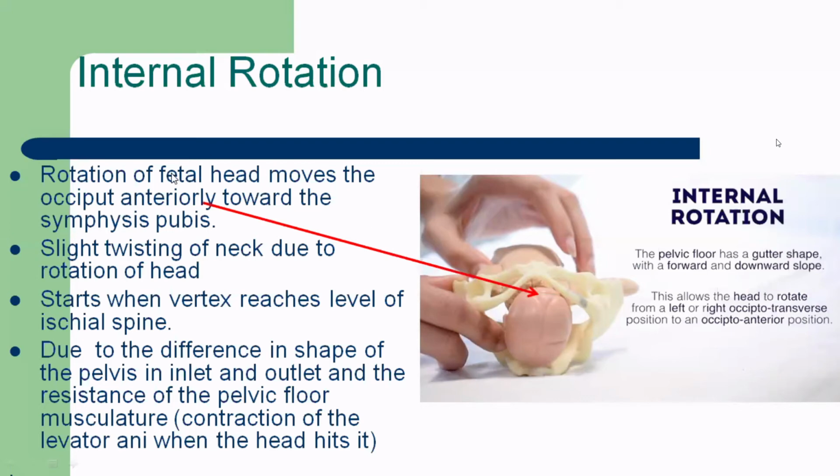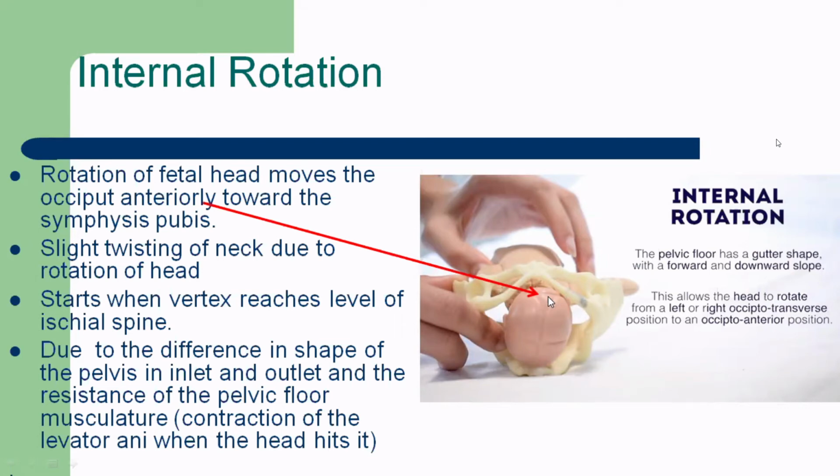What happens in internal rotation is that rotation of the fetal head moves the occiput anteriorly towards the symphysis pubis. This is the occiput of the fetal head, and from a transverse or oblique position, it moves towards the symphysis pubis.